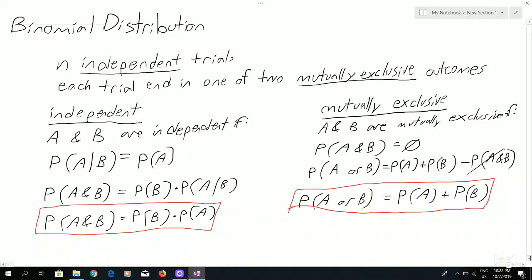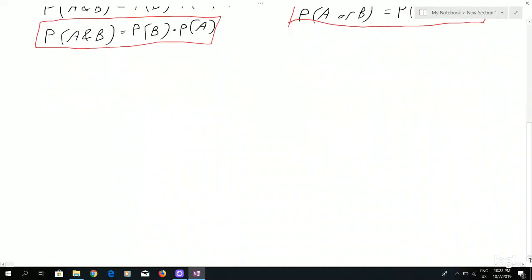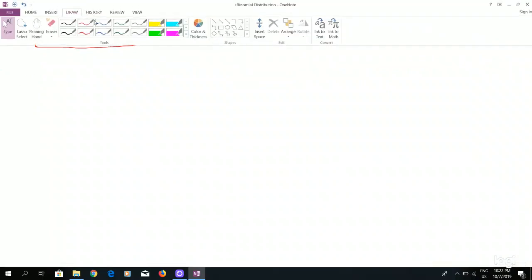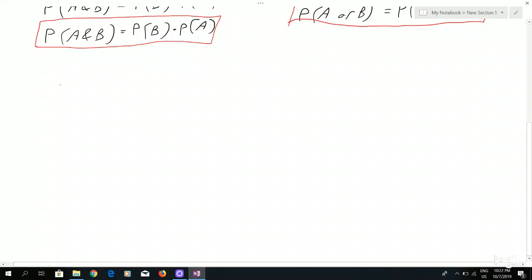Now, here we're going to deal with an example. Let's say there's a game. The probability of winning is 0.1. And there are no ties.